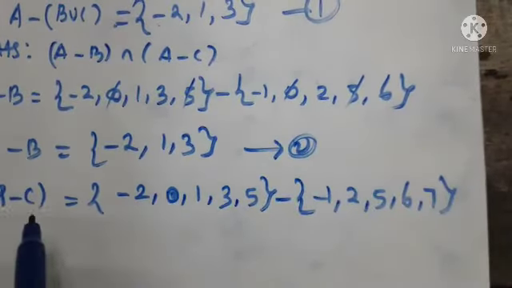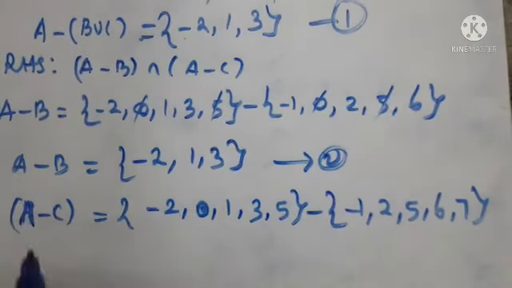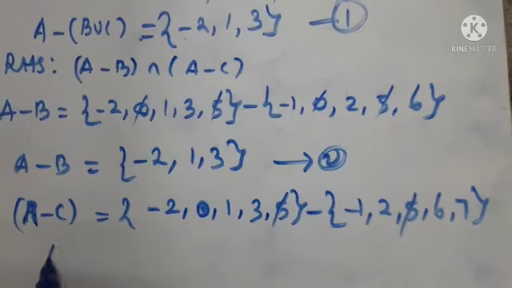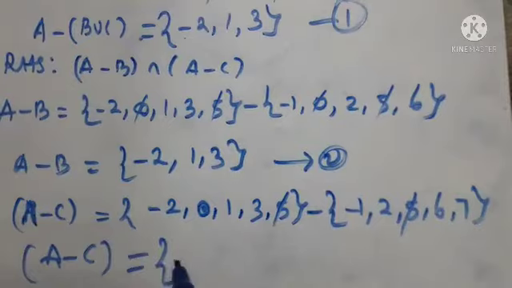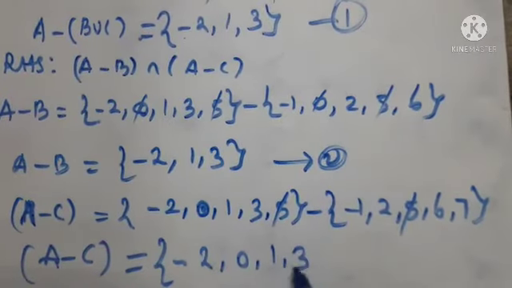A − C means elements in A but not in C. First strike out the common elements. 5 is common to both sets. So A − C is equal to the remaining elements of A: {-2, 0, 1, 3}.